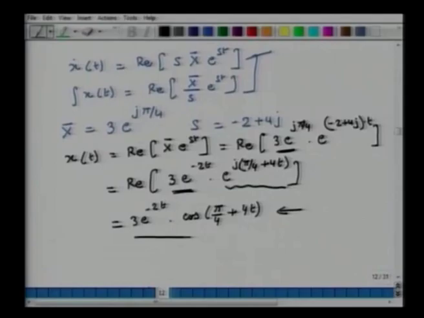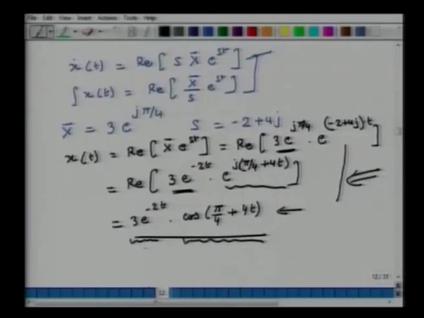So we have broken x into two components. One is an exponential component and the other one is an oscillatory component, and we are multiplying both of them based on the mathematical manipulations which we did here. So now we will plot x as a function of time.